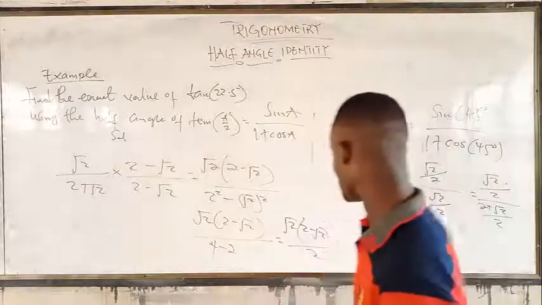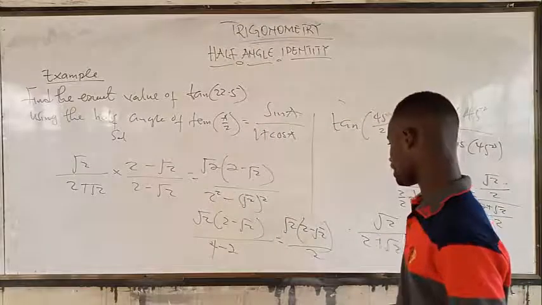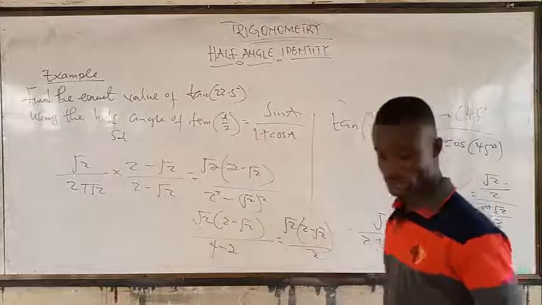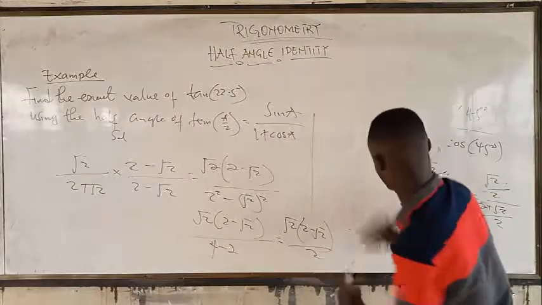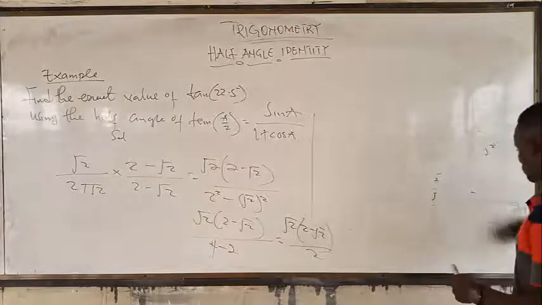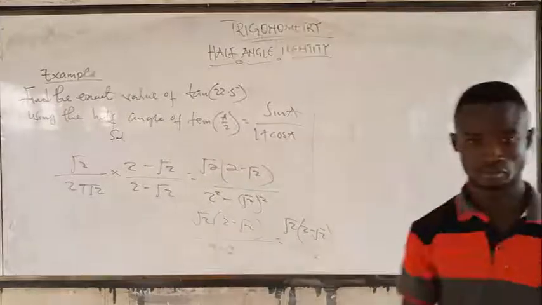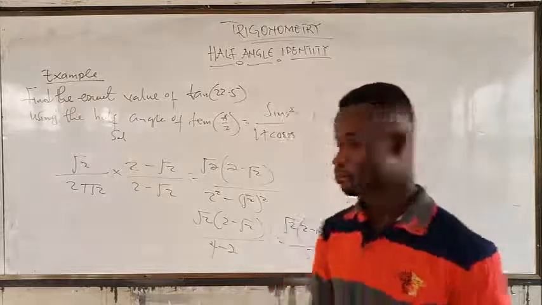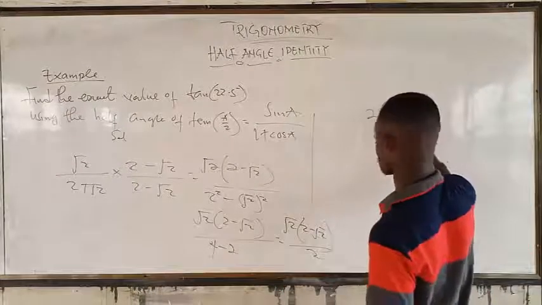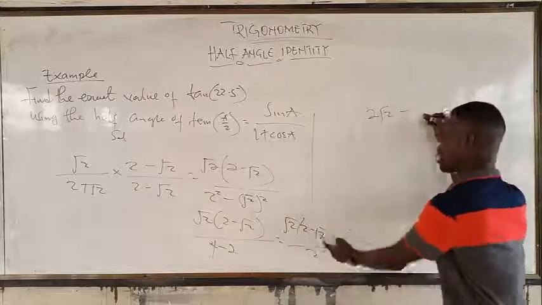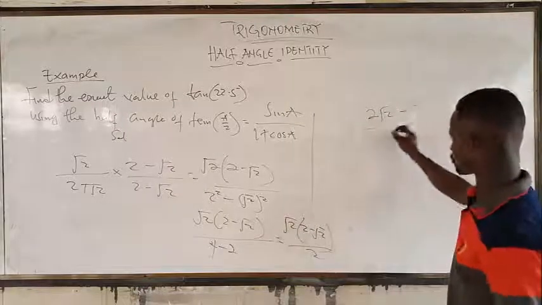Now, we can multiply this throughout. So when you multiply throughout, you get 2 square root of 2 minus, now square root of 2 times square root of 2 is 2, all this over 2.